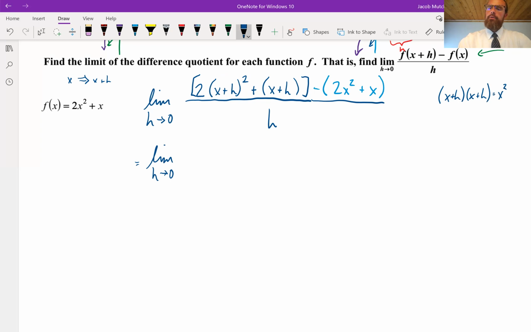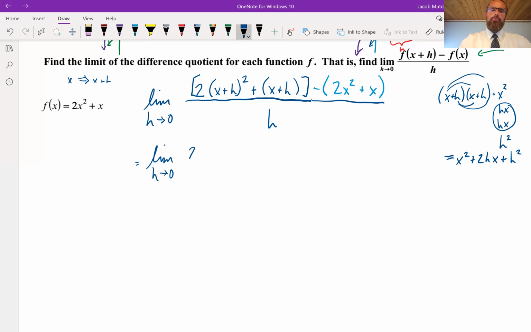Outer term's x times h, so I would write that as hx. Inner terms, let me mark these arrows. Inner terms, h times x as well. So those two will combine, and then h times h is h squared. So this all has the value of x squared plus 2hx plus h squared. Now I've got to put that in here in my numerator.